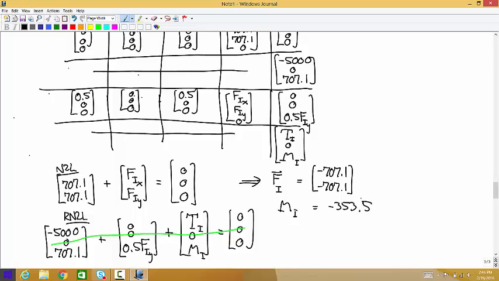And Ti is equal to positive 5,000. Any questions about that?